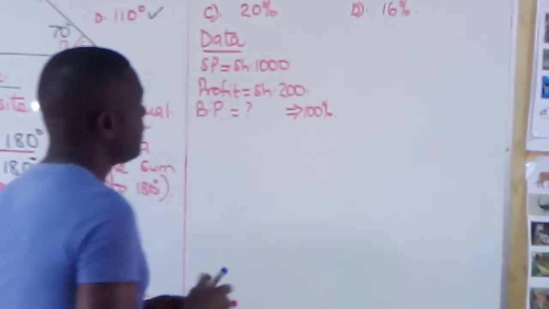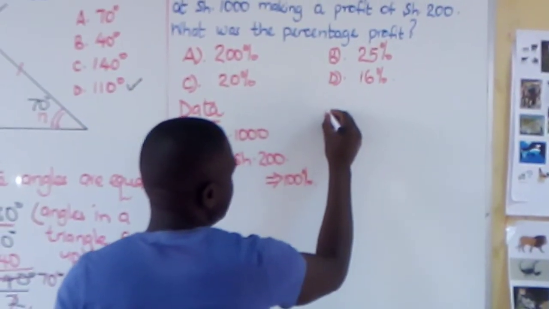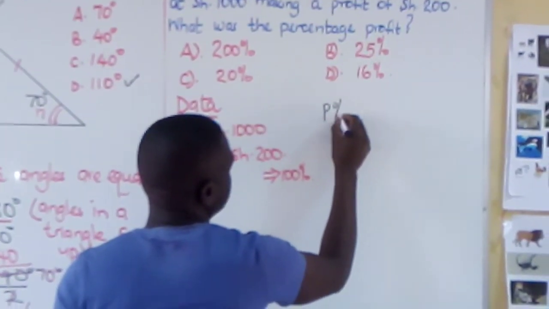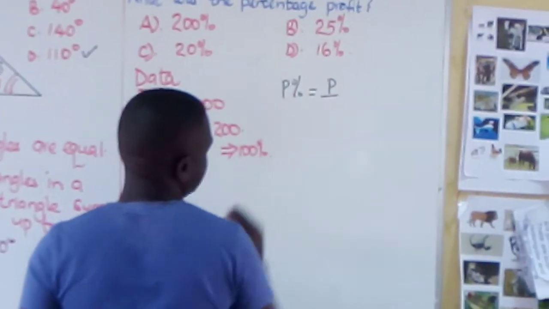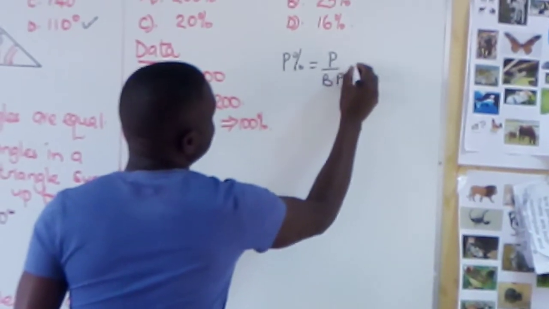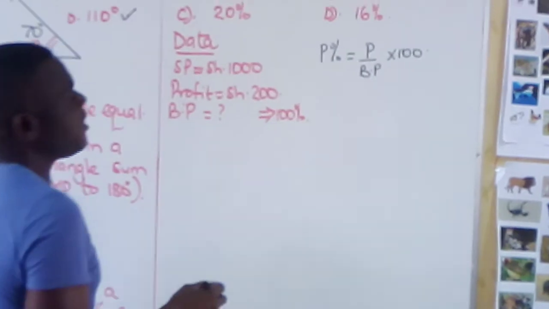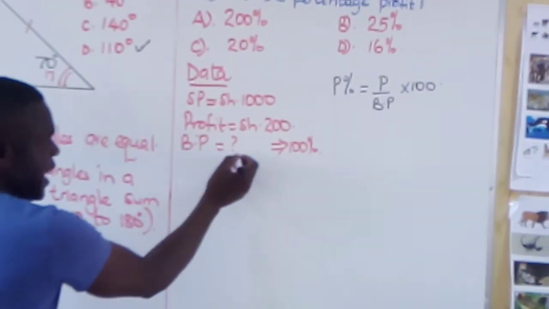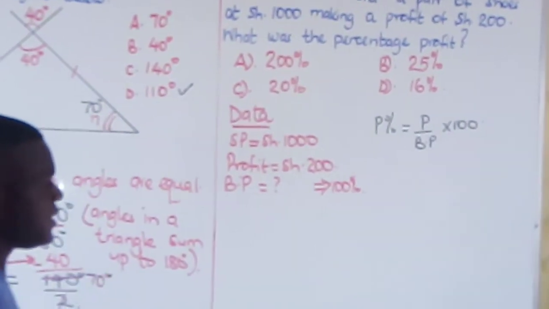Now, this is the formula: percentage profit is equal to profit in shillings over buying price multiplied by 100. The reason why we must know buying price is because we need it in that formula.